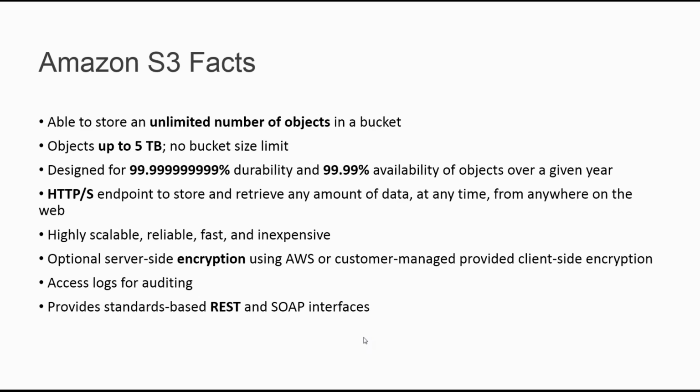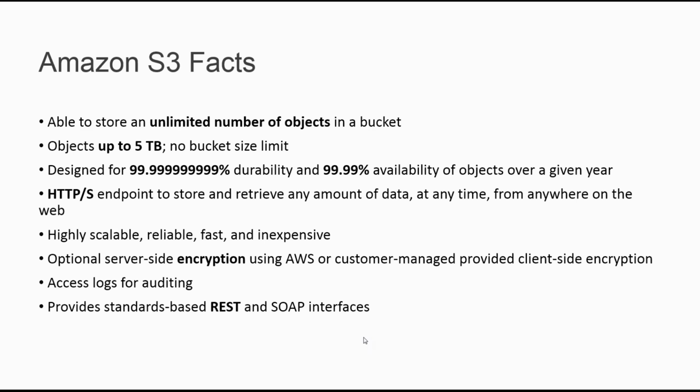You have optional server-side encryption available. If you want, you can enable that, and in that scenario, you will have all the data available on S3 in encrypted format. It gives you the option to use a key coming from KMS, Key Management Service, or you can use your own keys as well, like a customer provided key. It has facilities for logging.